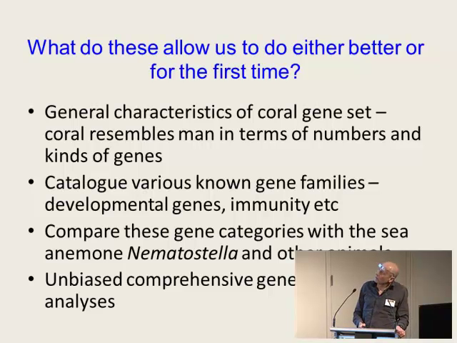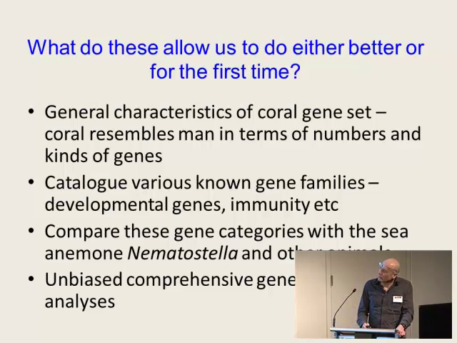So they allow us to count genes. They allow us to catalogue various known gene families by similarity to, for example, genes in the human genome. We can pick out many coral genes and get hints at what those genes might be doing because of their known roles in some other organisms.